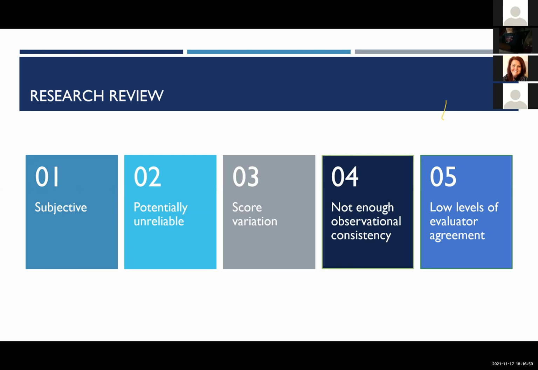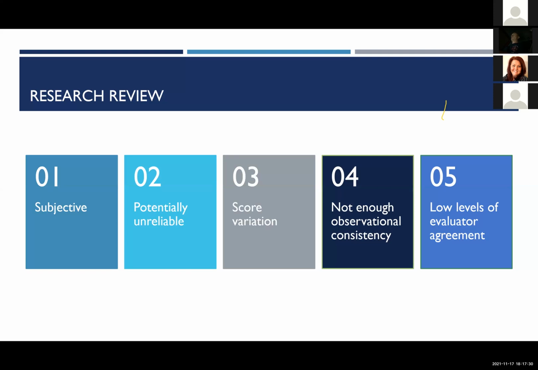What they concluded was that the evaluations were actually subjective. They were potentially unreliable. They found that there were often notable variations in scores given by the evaluators for a single observed student. So when those evaluators viewed the same student, there were significant variations in scores.